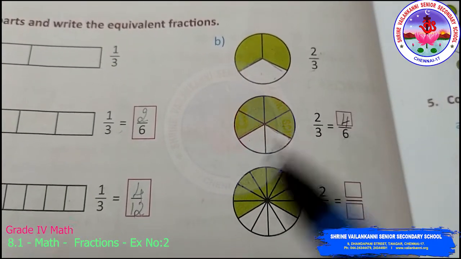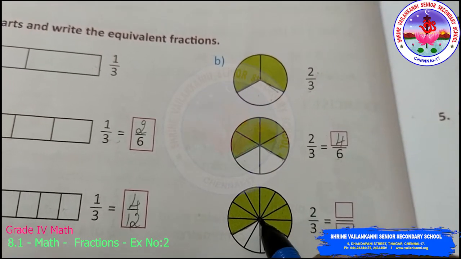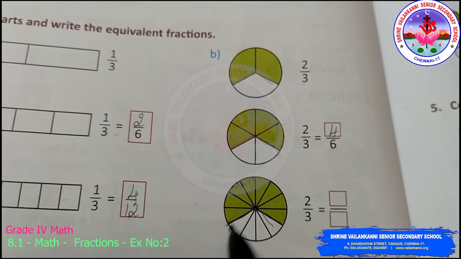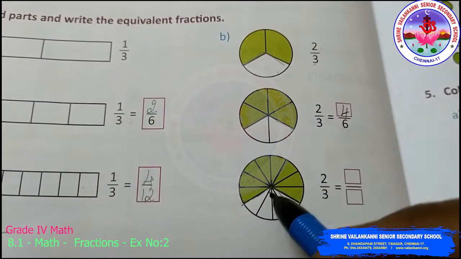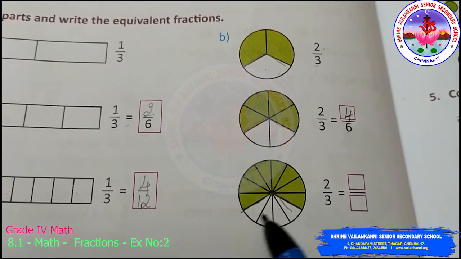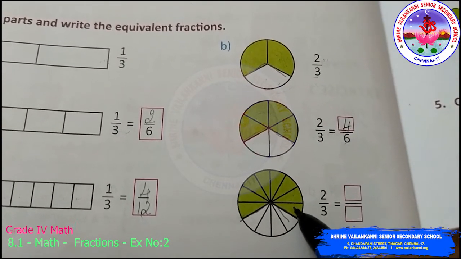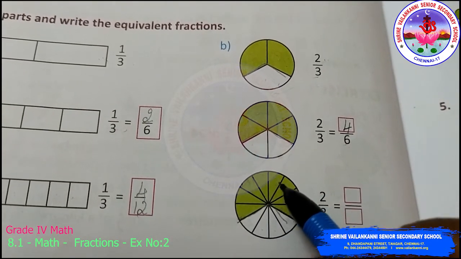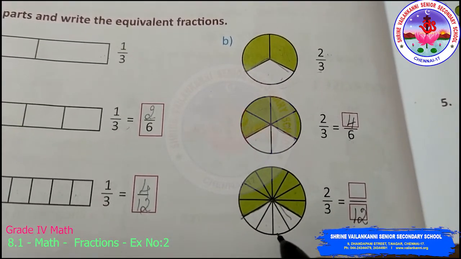With the same circle, the same size of colored part, if you compare all 3 shapes, the colored parts are equal. But if you count the number of divided parts, 1, 2, 3, 4, 5, 6, 7, 8, 9, 10, 11, 12, here again it is divided into 12 parts.